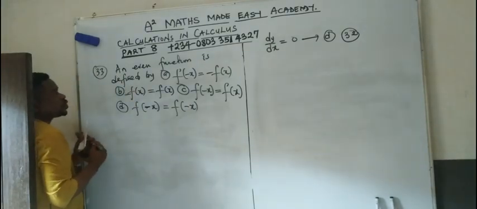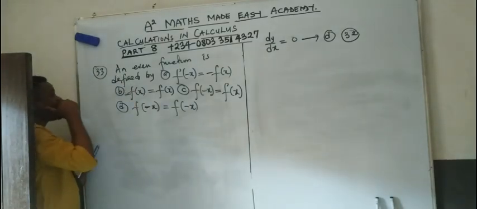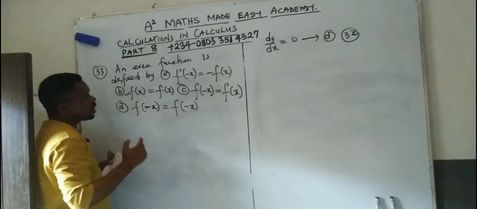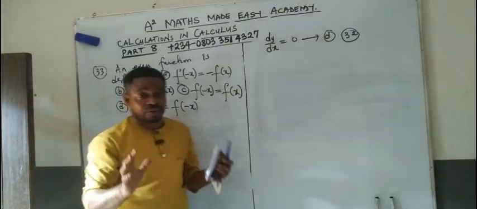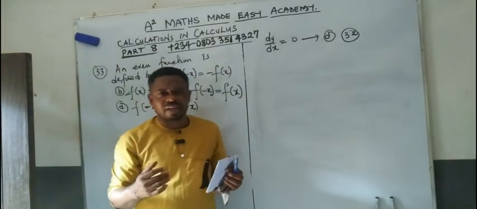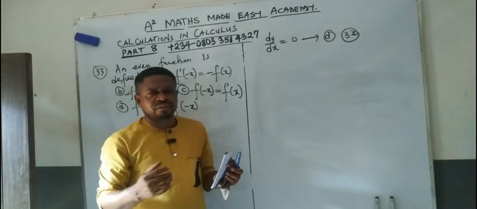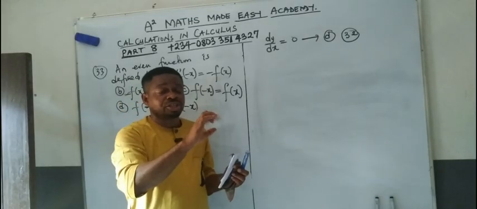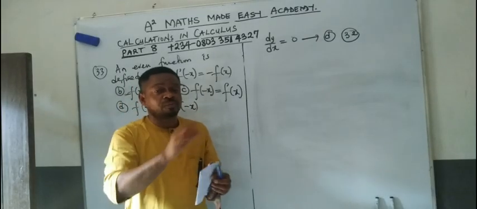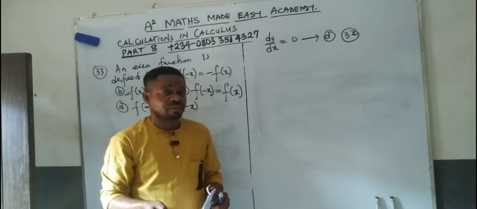Now we are looking for what we call an even function. What is an even function? In a layman's understanding, no matter how you change the domain of a function, it must still correspond with the given value.